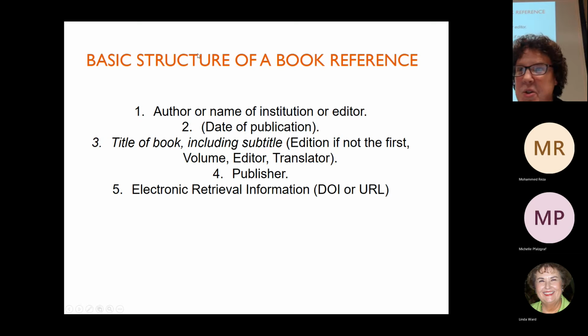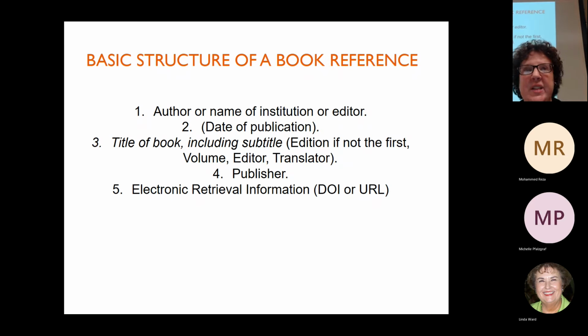So we have that basic structure. You have basic rules for the different parts. Let's look at the book reference. So that's the author name or the institution or the editor. Sometimes there are books that are based on themes and or topics, and there are multiple chapters in there written by different people.